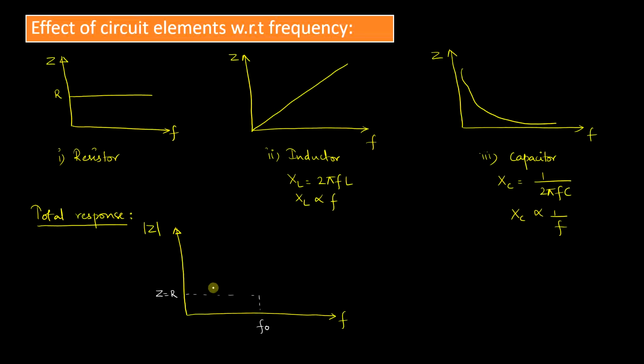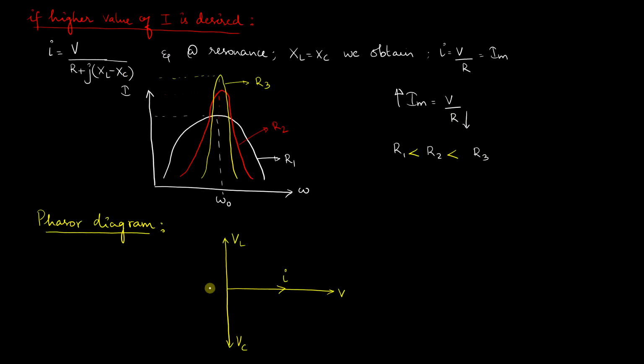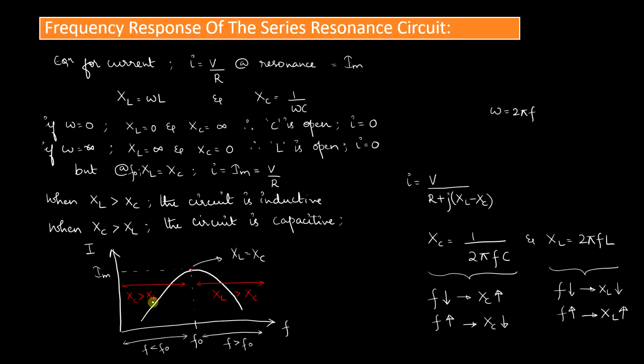Previously, when I explained this concept, I said when XL is greater than XC, the circuit is inductive. That means for higher frequency, your inductor is more responsible, whereas when Xc is greater than XL, the circuit is capacitive. That means at lower frequencies, your circuit is more of a capacitive type of circuit.